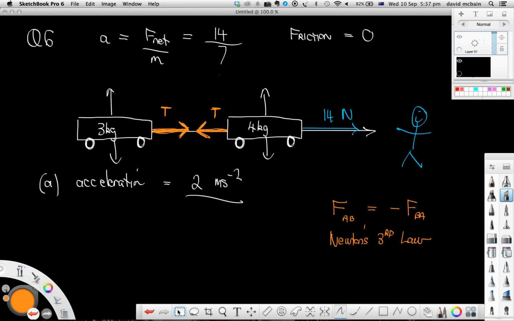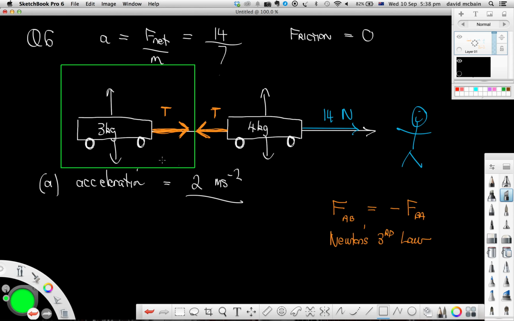Well, what we need to do is simply have a look at one part of our system. Let's isolate one part of our system. So what I'm going to do, I'm going to isolate this part. So we're just going to look at that part there, okay? So let's have a look at this part of the system.